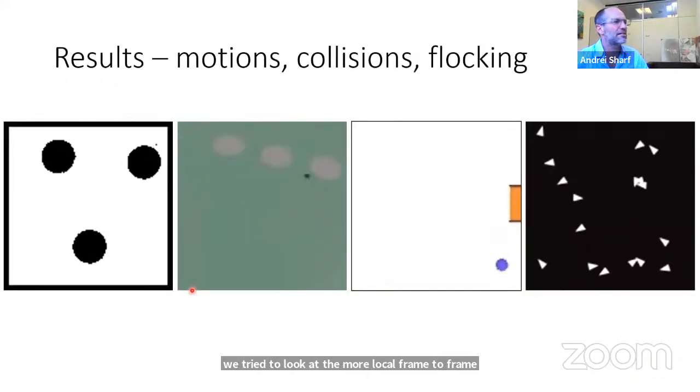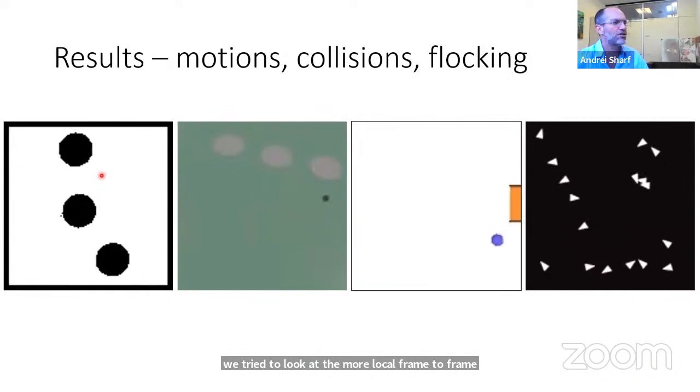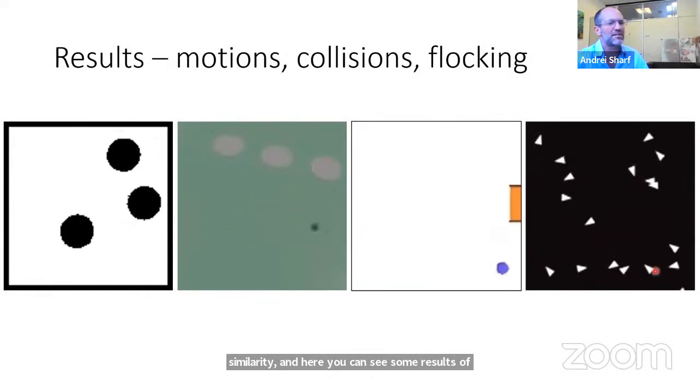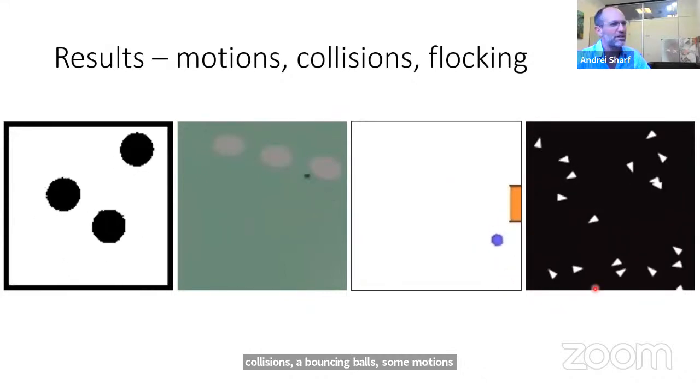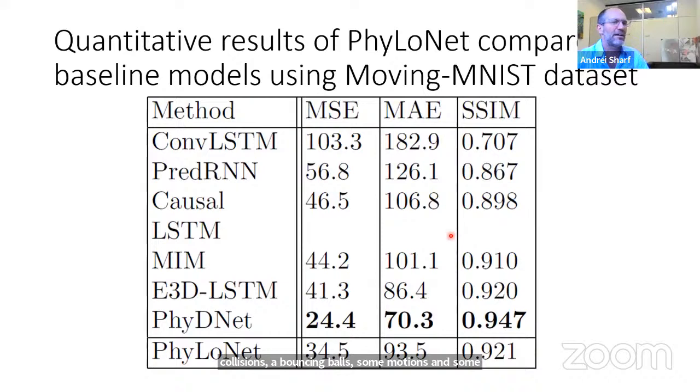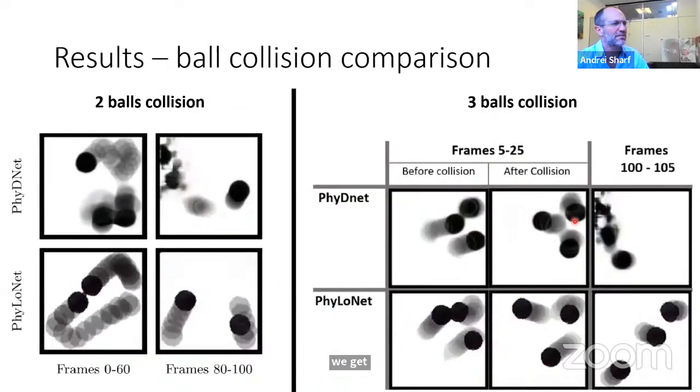And here you can see some results of collisions, bouncing balls, some motions, and some crowd simulation that we are able to predict. We get quite high accuracy compared to the state of the art.